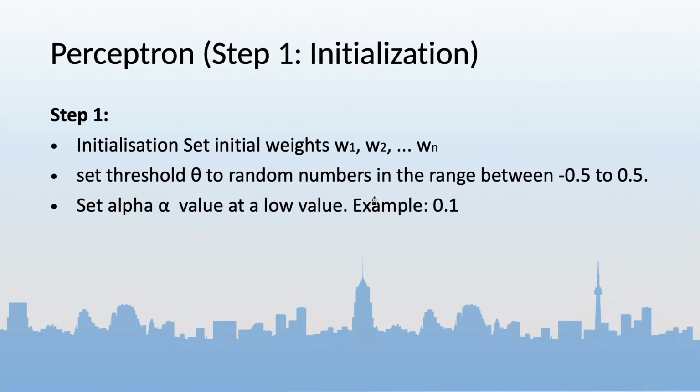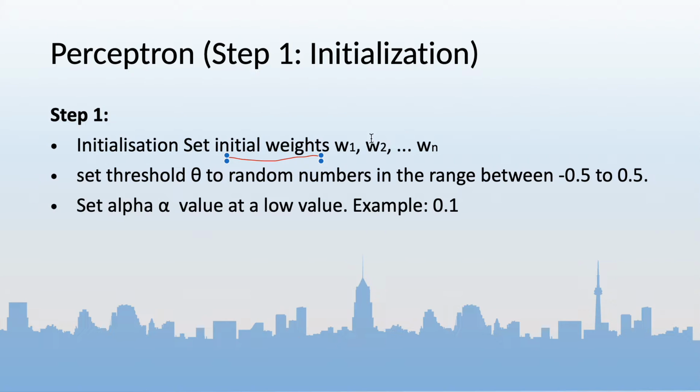For the weights, we need to initialize the initial weights, and then we have to set the threshold value to random numbers, which is in between negative 0.5 and 0.5.